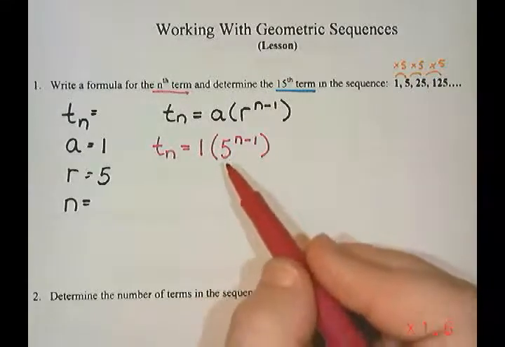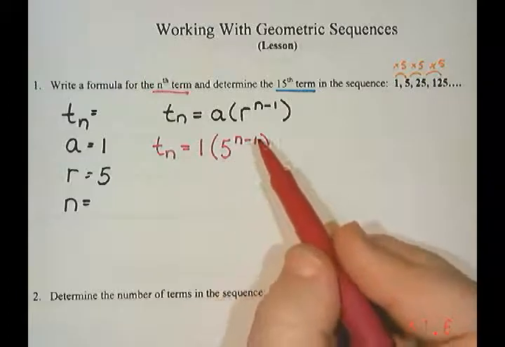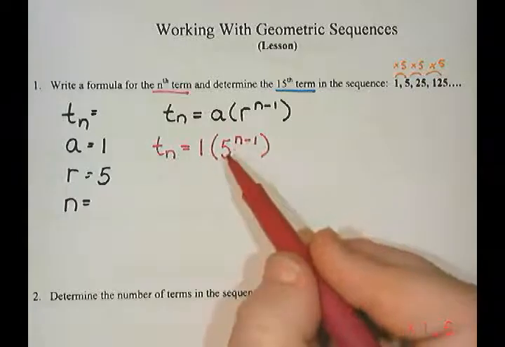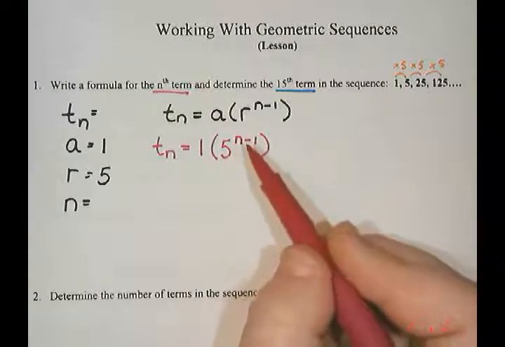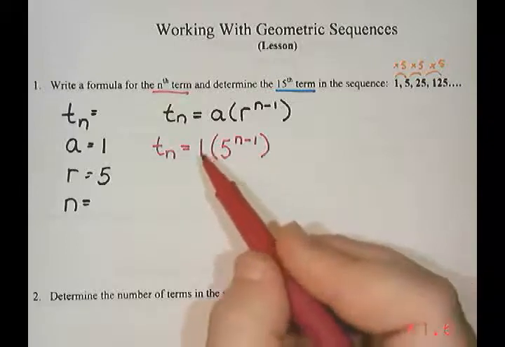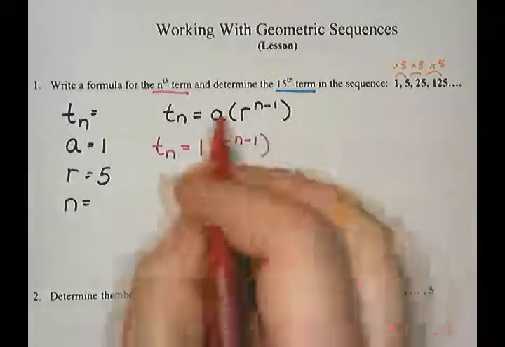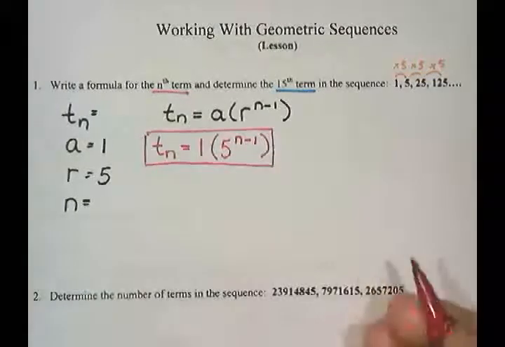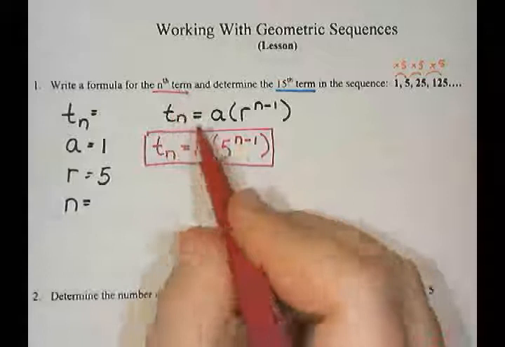You have to follow order of operations, which says you need to do exponents before you do your multiplying. Because I cannot evaluate 5 to the power of n minus 1, this is what the formula is going to look like. I cannot simplify it any further. You cannot multiply those two numbers together. So that is going to be my formula for the nth term.